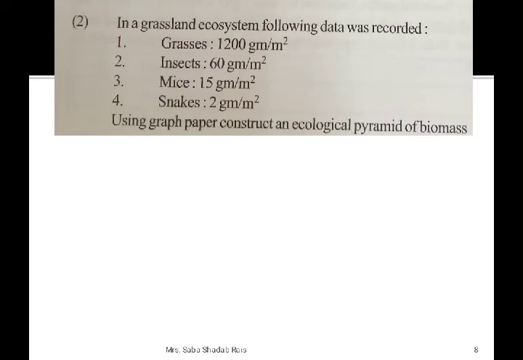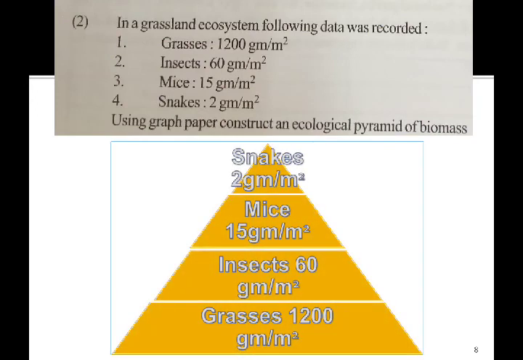The amount of insects is 60 gram per meter square. Mice 15 gram per meter square, and snakes are 2 gram per meter square. Using graph paper, construct an ecological pyramid of biomass. Chalo, let us see how we can draw it. Now see here, the amount of grass.